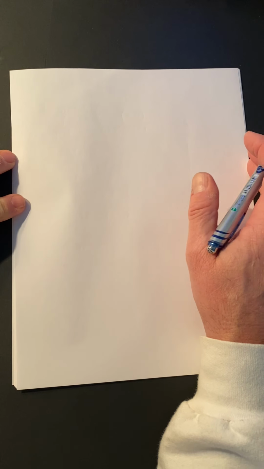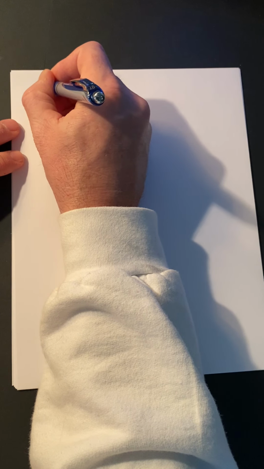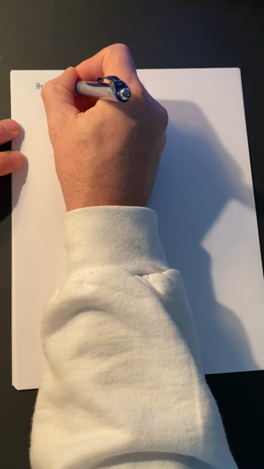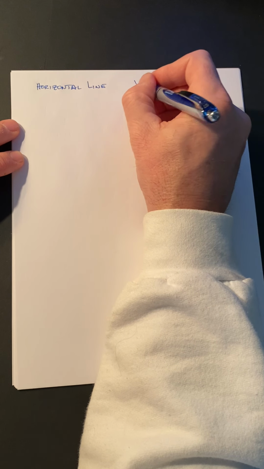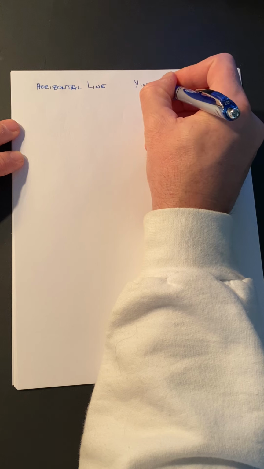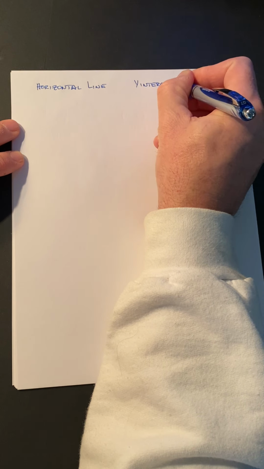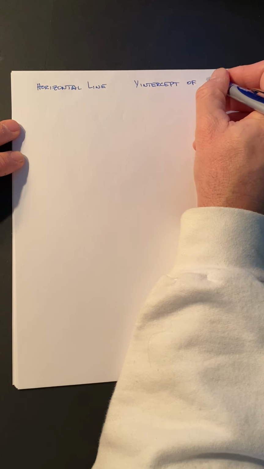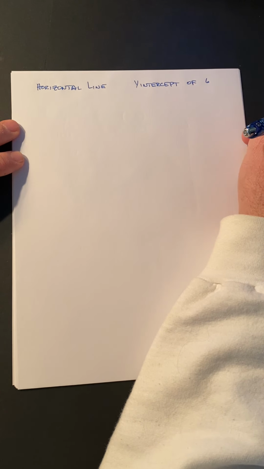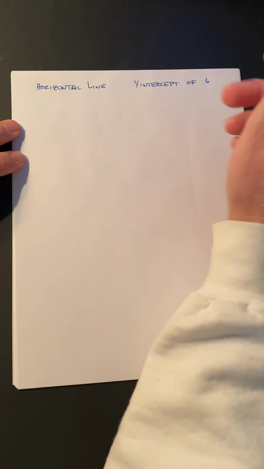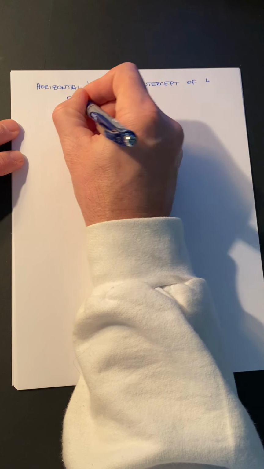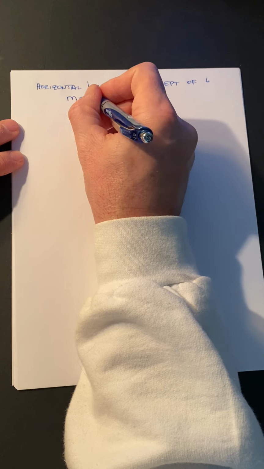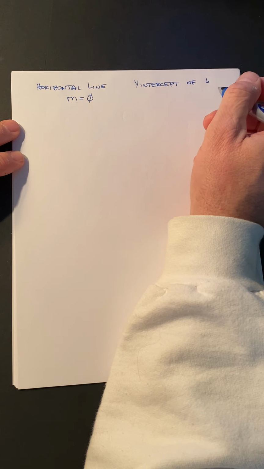Let me say that I have a horizontal line and a y-intercept of 6, okay? What's the equation? Well, what do I know here? If it's a horizontal line, I know that my slope is 0, right?